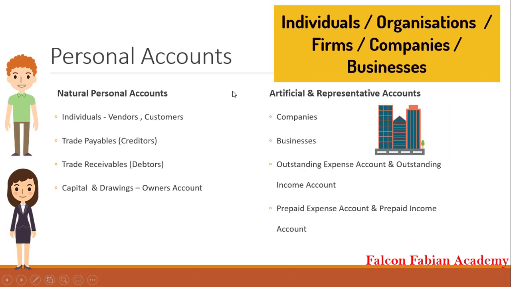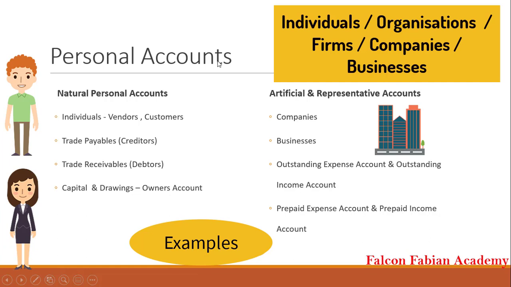Now, these are just examples. So what you have to remember is that the rule for personal accounts is going to be applied to the accounts of all natural persons, all artificial persons, that includes all the businesses, and representative accounts. And representative accounts are outstanding expense account, outstanding income account, prepaid expense account, and prepaid income account.